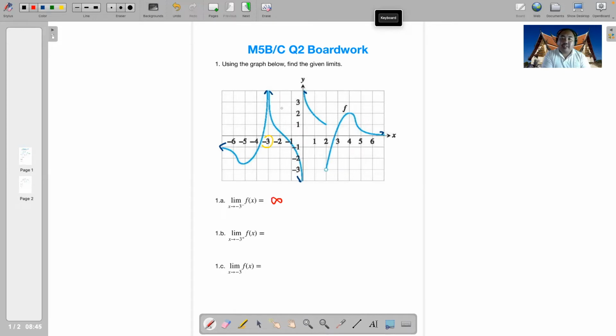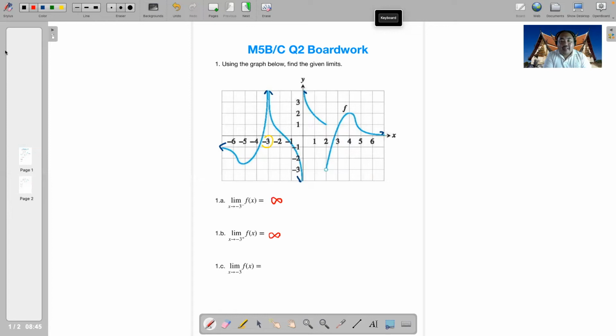Again, like 1 billion. So how do you describe that? You just say, well, it is positive infinity. You got that from the graph, because the function behaves such that as you get nearer to -3 from the right, the value of the function gets bigger and bigger and bigger positively.